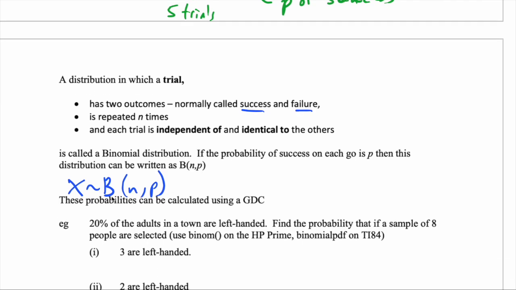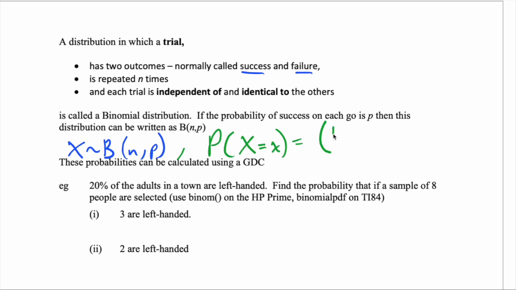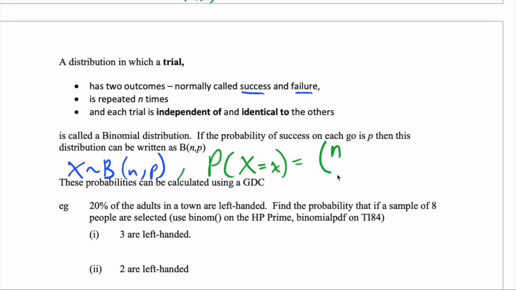So in general, X has a binomial distribution of that, and the formula is probability X equals k is, well, you get the binomial coefficient here, so n was the number of trials, choose, I guess you need something like a k. Let's call this k.